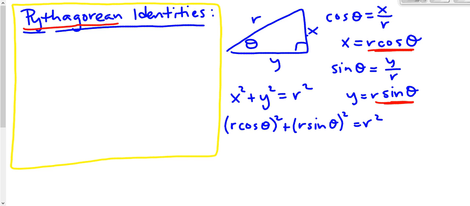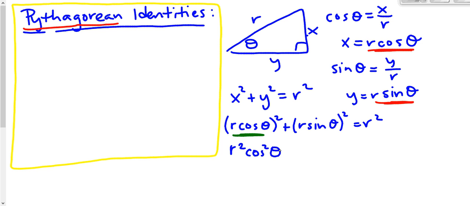When you square a product, like r cosine theta, you square each factor. So you square the r, and you square the cosine theta. But the way we write cosine of theta quantity squared is we put the squared before the theta. It means find the cosine of theta and then square it.